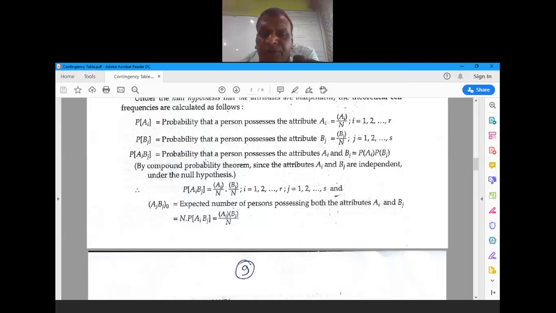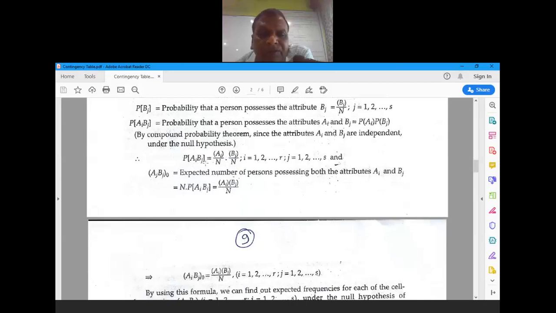Then by the compound probability theorem, since the attributes Ai and Bj are independent, under the null hypothesis the probability of Ai Bj is equal to Ai upon N into Bj upon N. And Ai Bj suffix 0 is known as the expected number of persons possessing both attributes Ai and Bj, and this is equal to Ai into Bj divided by capital N.